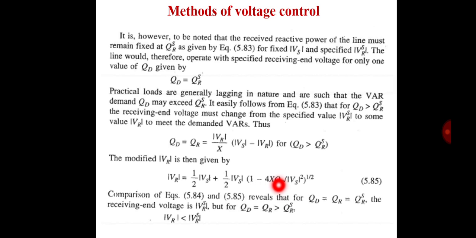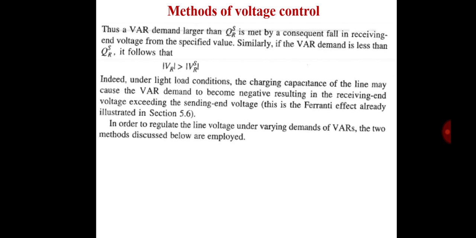The receiving end voltage is specified, but for QD equal to QR greater than the specified reactive power, Vs is less than VR, which is less than the specified receiving end voltage.